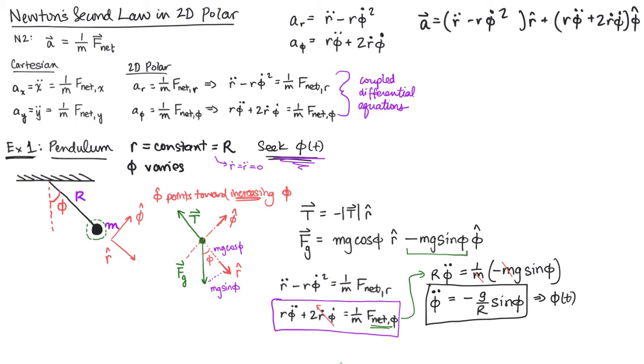Okay, turns out that that is a hard problem to solve, but we can make the approximation for small angles that sine of phi is approximately phi, and that will allow us to solve this problem. So let's see a little bit more about that.